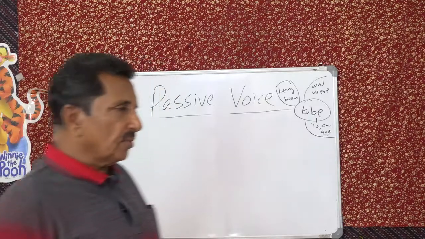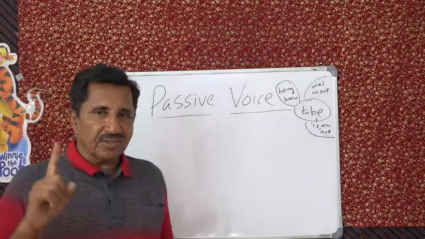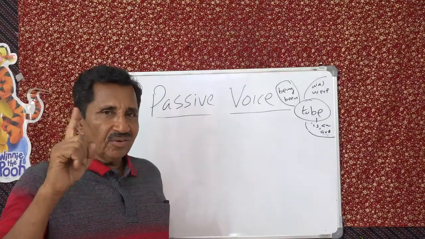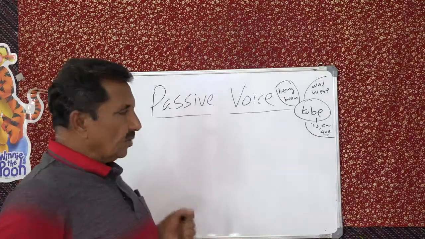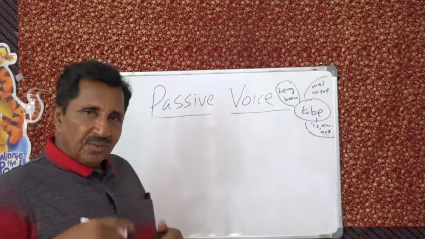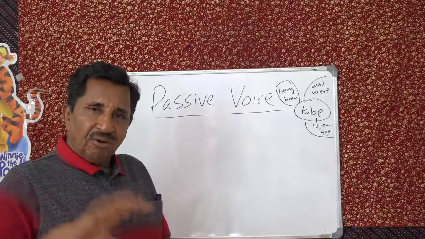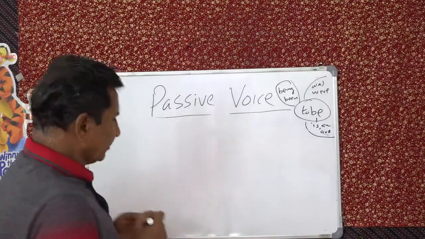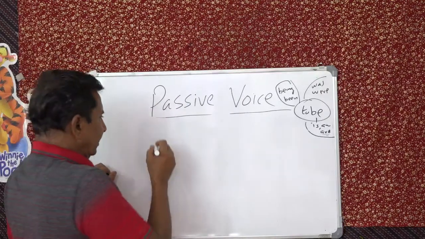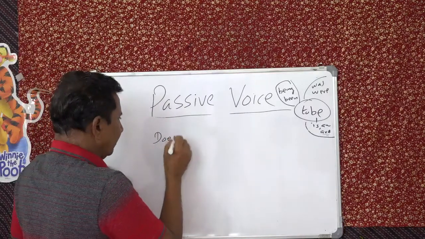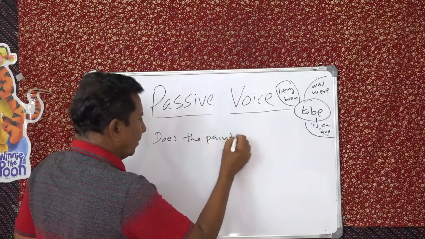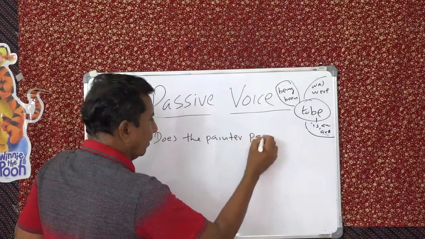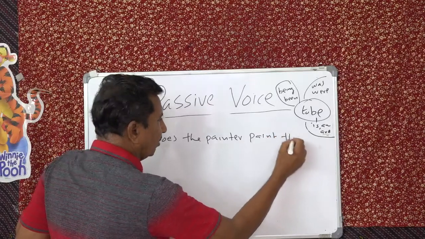Now so far it's alright. Now these are statements. Last time I told you, there are 4 kinds of sentences. Now we will go to a question: how to change a question into passive. Let's say, "Does the painter paint the world?"